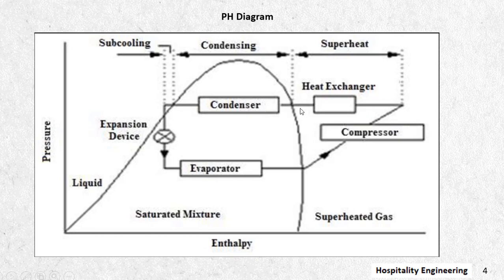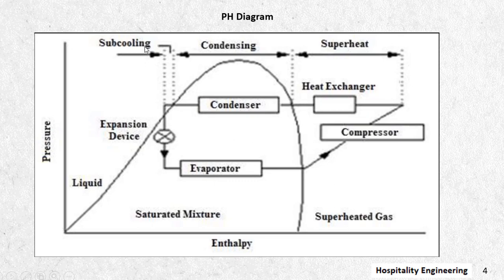While condensing is happening, the temperature will reduce, but the gas converts into liquid. The high pressure, high temperature liquid again goes through the expansion valve, where the pressure is reduced and the partially vapor, partially gas mixture goes into the evaporator. So the cycle continues here.